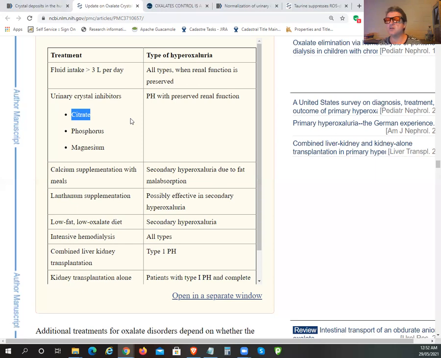A low oxalate diet, obviously, this low fat crap is what got us into this in the first place. If you're on a low oxalate diet, there's not much to eat, okay? You're either eating meat or you're eating plants, most of which have quite a bit of oxalate. And the rest of them are basically a lot of fruit that are low oxalate. Not all fruit, but most of them.